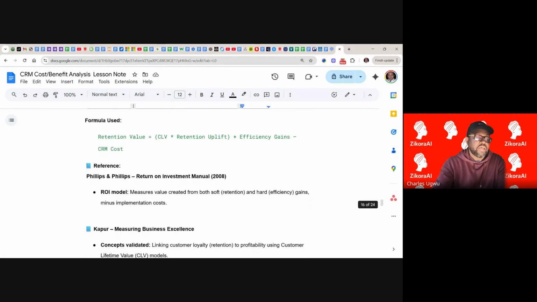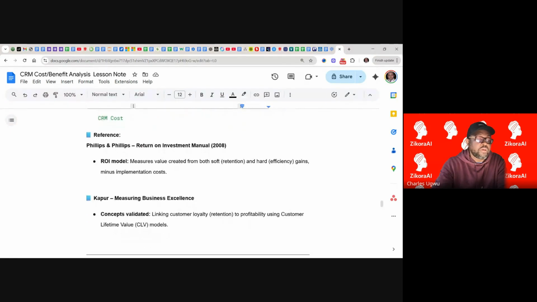It's stated here: return on investment model, measure value created from both soft retention and hard efficiency gain minus implementation cost. So it covers this formula as well.